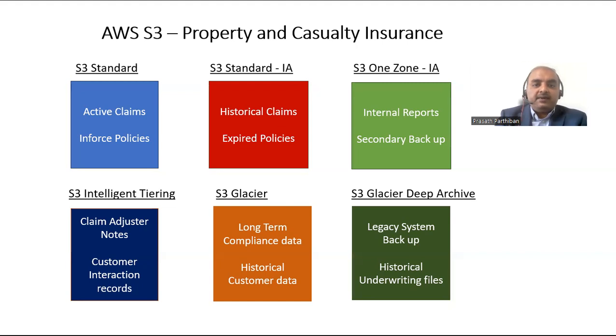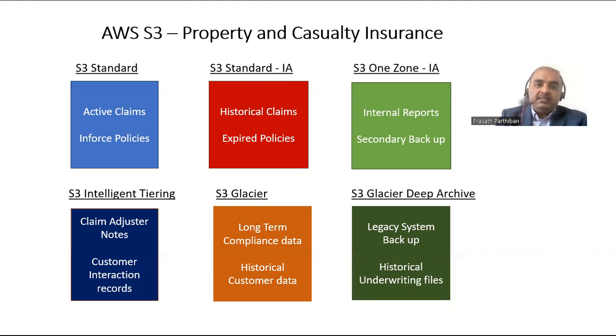Now, the second kind of class is S3 standard infrequent access. This is a storage class where you may access the data not that frequently, maybe weekly once or monthly once. But when you need the data, it should be accessed quickly. The retrieval speed has to be quick.